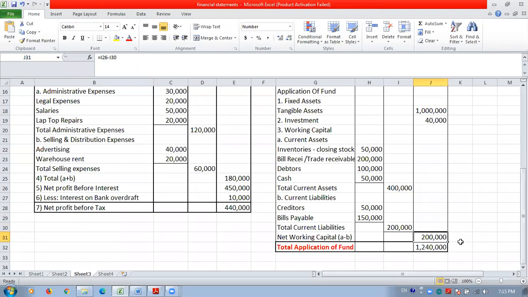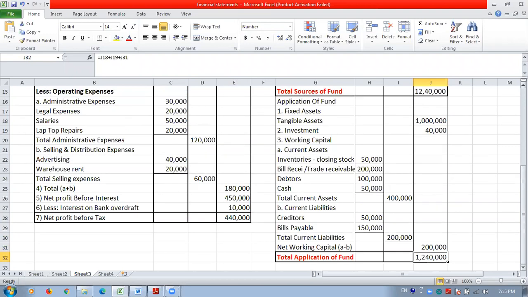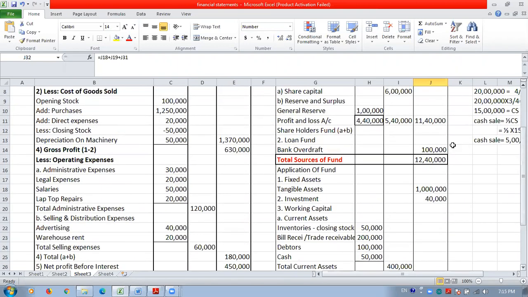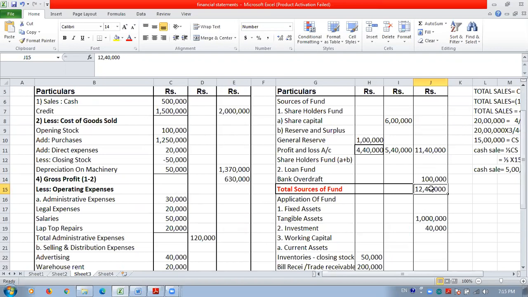We total all three items, fixed assets, investments and working capital, to get the total application of fund. So the total application of fund, 12 lakh 40,000, matches the total sources of fund, 12 lakh 40,000.